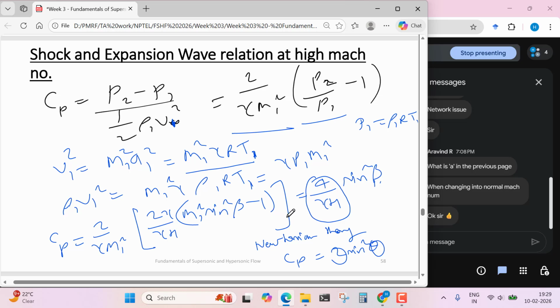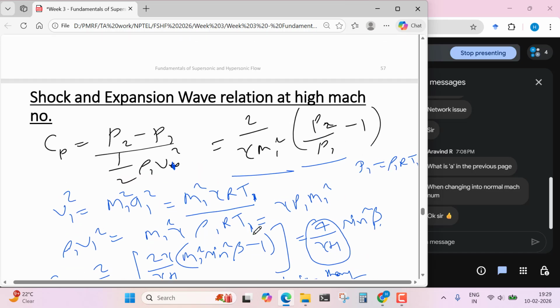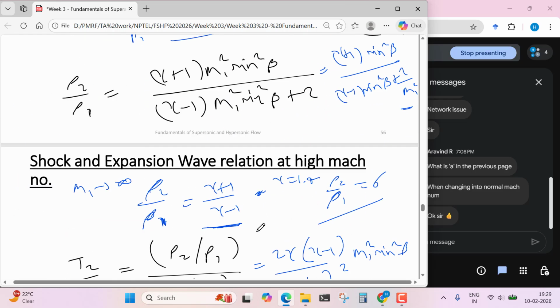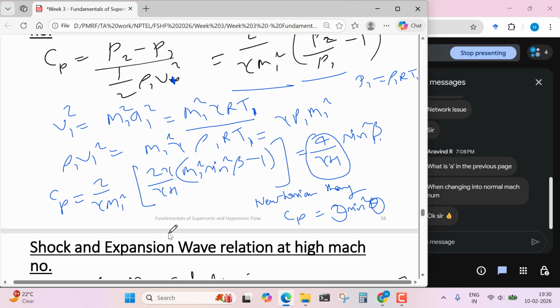There is also one more minus 1, but we have neglected it because we are directly using the high Mach number relation, which is 2 gamma upon gamma plus 1 m1 square sin square beta, and this minus 1 is this minus 1.